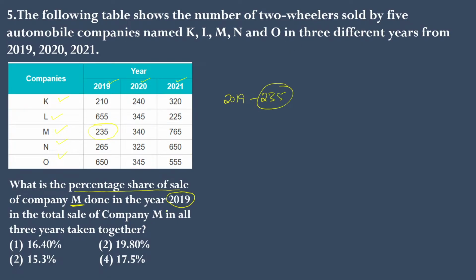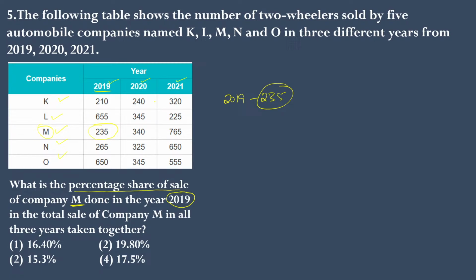So in all the 3 years taken together, once again see the question. What is the percentage share of sale of company M in the year 2019, in the total sales of company M in all 3 years taken together?